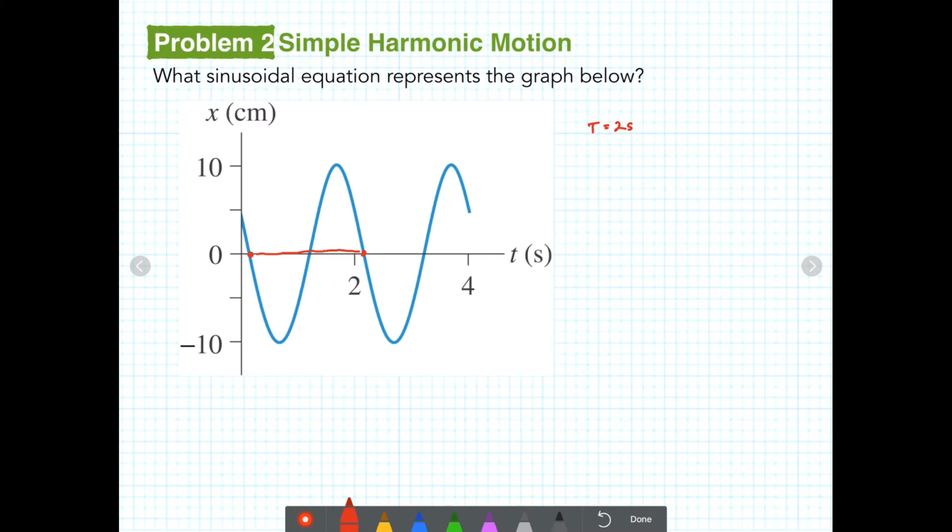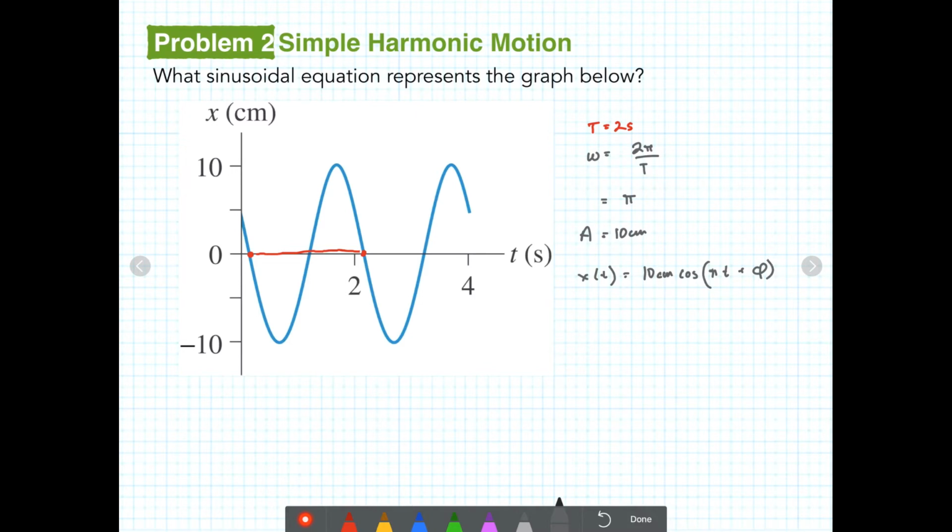But you'll notice that if you have the period, you can still once again get angular frequency. So that's 2 pi over T. Now you have an angular frequency of pi. That part's easy. We have an amplitude of about 10 centimeters. So when we say x of t, we have 10 centimeters cosine of pi t, but we know we have a phase because we don't start at the maximum.